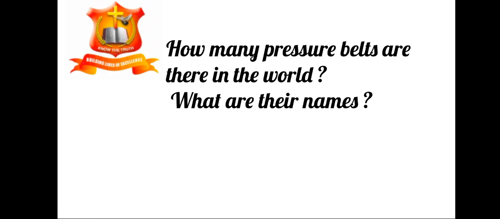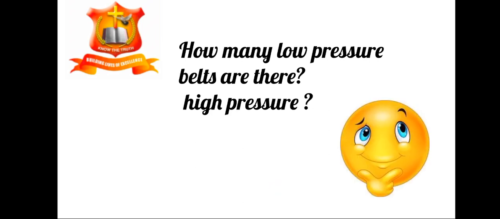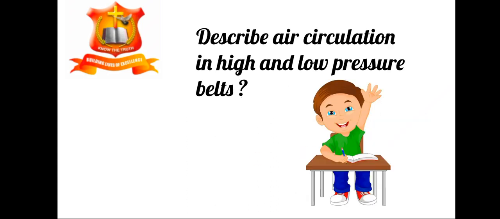I hope you understood it. I will repeat. There are 7 pressure belts in the world: 1 equatorial low pressure belt, 2 subtropical high pressure belts, 2 subpolar low pressure belts, and 2 polar high pressure belts. Now tell me, how many low pressure belts and high pressure belts are there? So there are 3 low pressure belts and 4 high pressure belts.